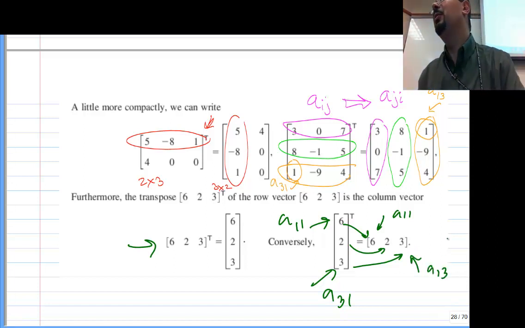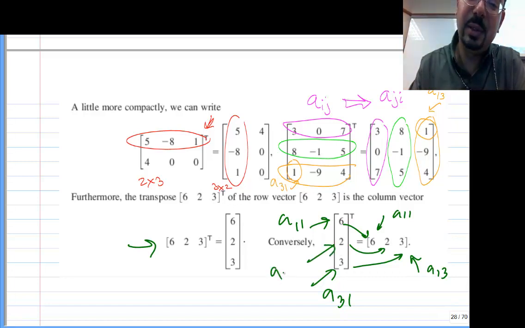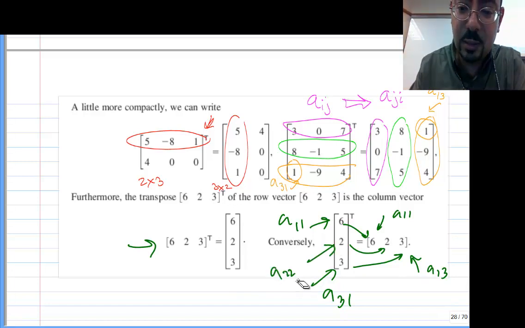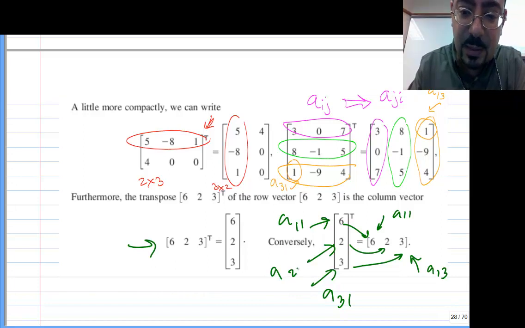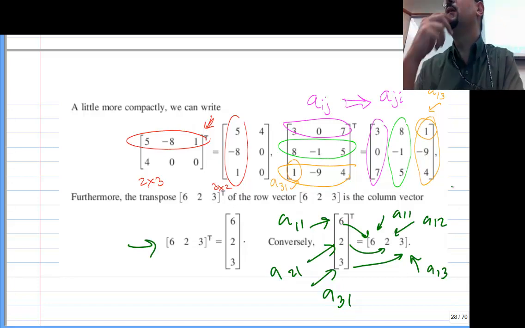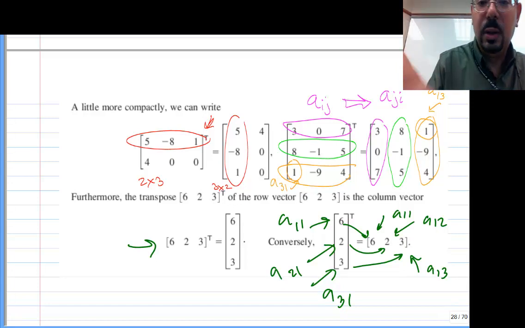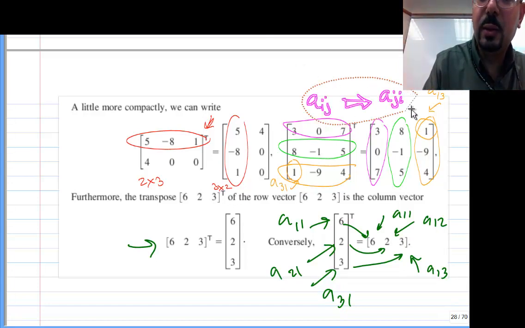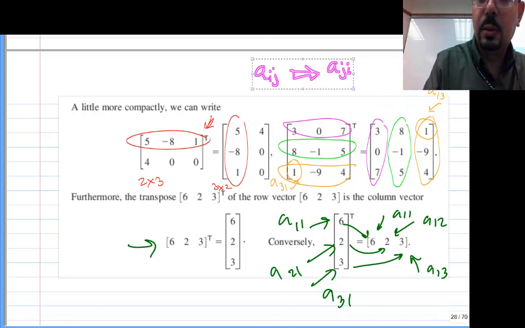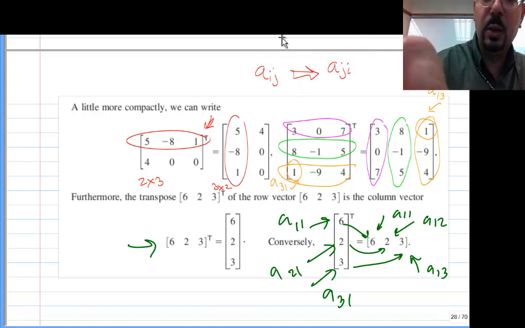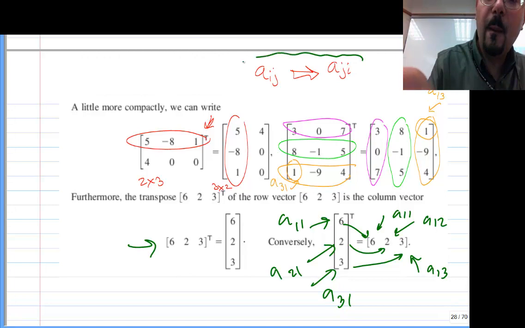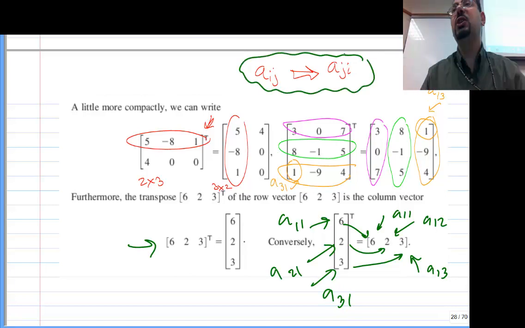Hence the A13. Right? And of course, the lucky guy here, sorry, that's A21. He will end up being A12. First row, second column. Right? So let's highlight this rule over here. That's how you make the transpose. Aij becomes Aji.